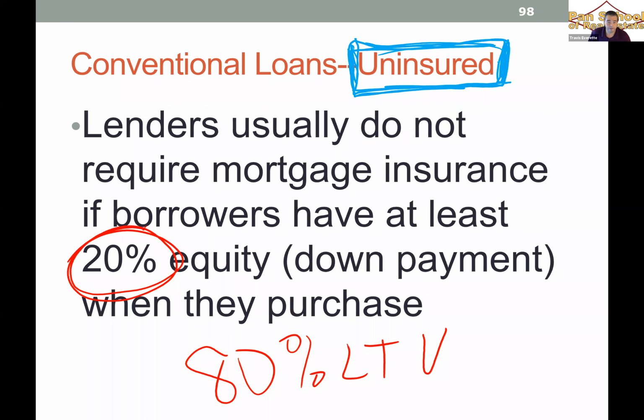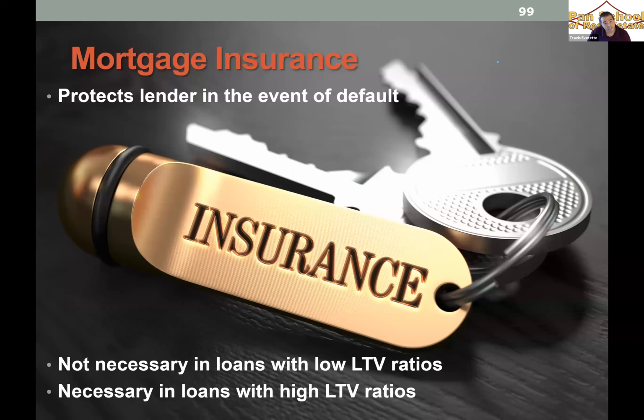But if somebody's willing to put 20% down, they can usually avoid having to have PMI. If they can't put 20% down, then it is very likely they're going to be told they need mortgage insurance to protect the lender in the event of a default.